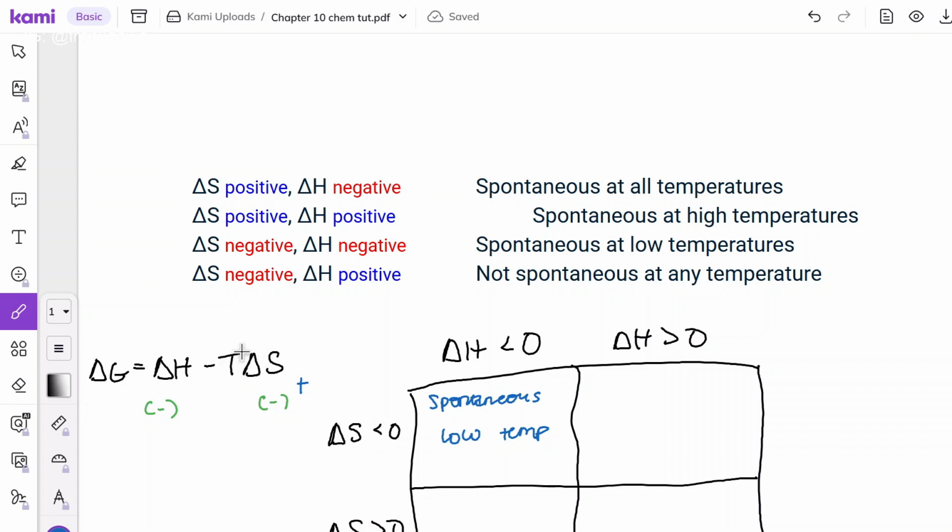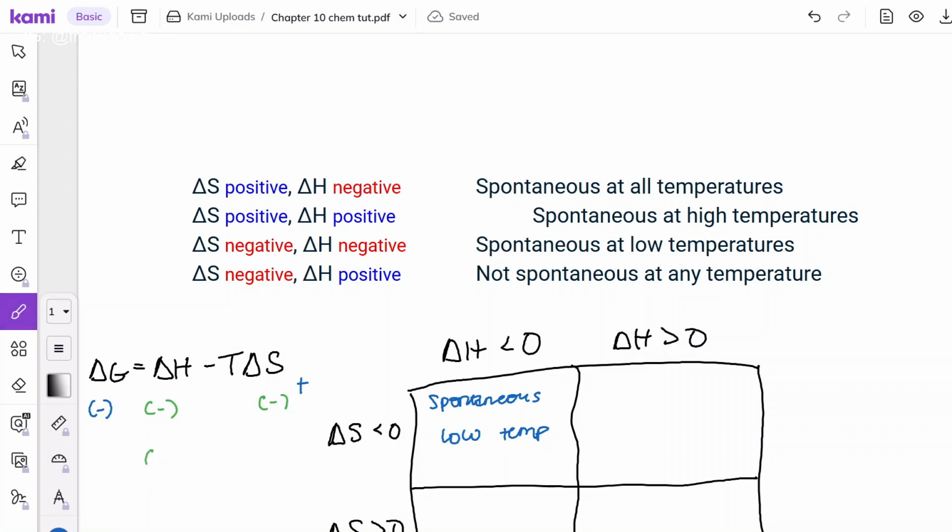When the temperature is lower, this part is going to be lower as well, which makes it more spontaneous at lower temperatures. So the lower it goes, this side is lowering as well, and this side is already negative, so it doesn't affect it. Now we're going to move on to when delta H is positive.